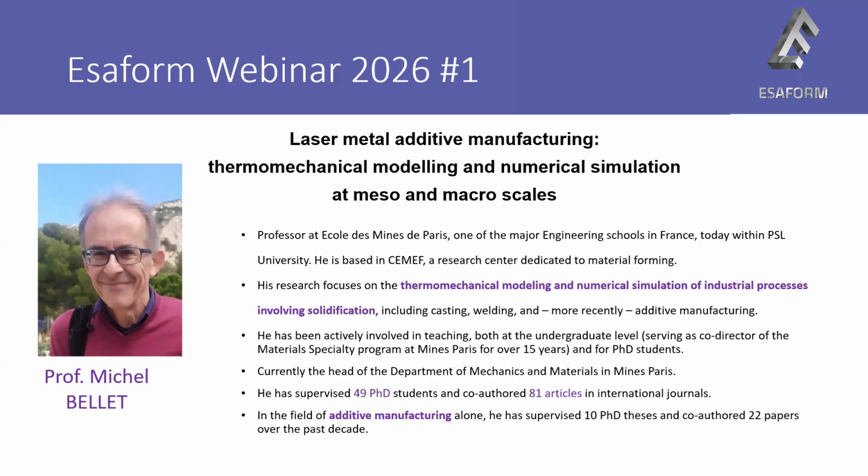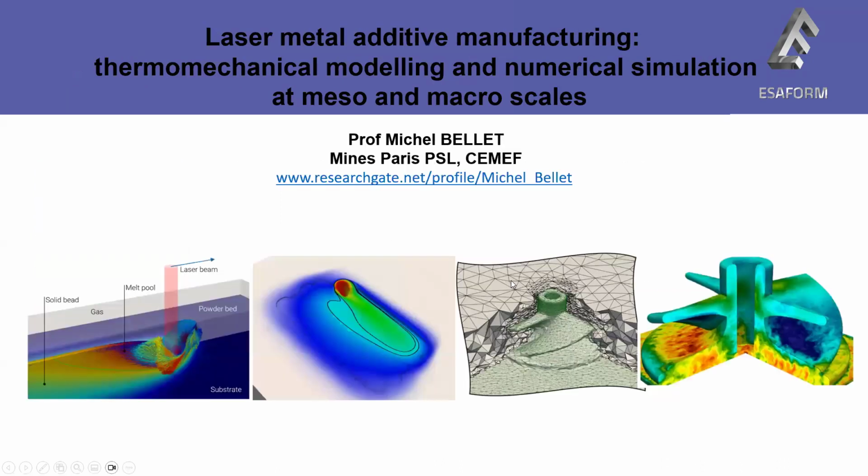In the last years, he has focused his activity on additive manufacturing, and he has supervised 10 PhD students and written more than 20 papers on the topic. So, the floor is yours, Michel, to talk about laser metal additive manufacturing, thermomechanical modeling, and numerical simulation at meso and macro scale. So what's the program?